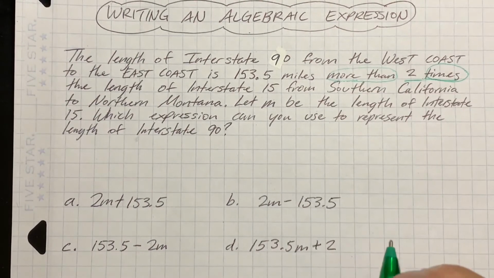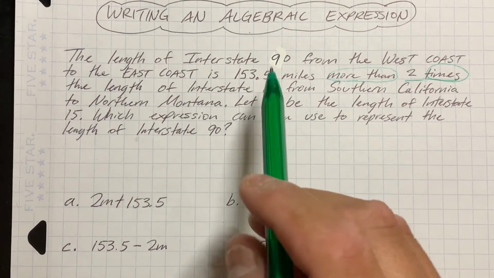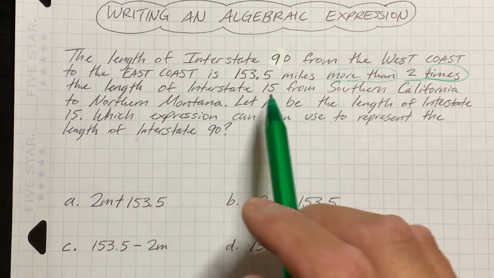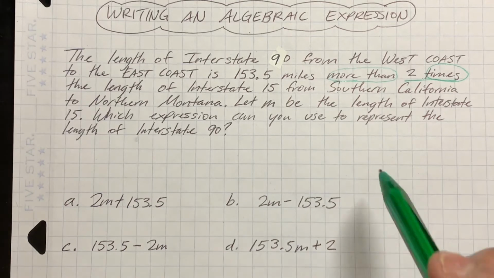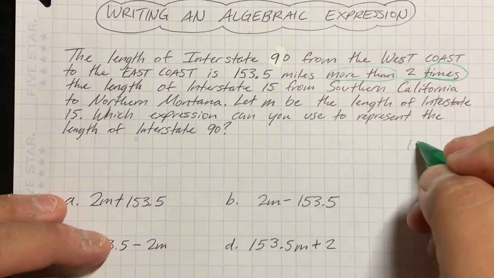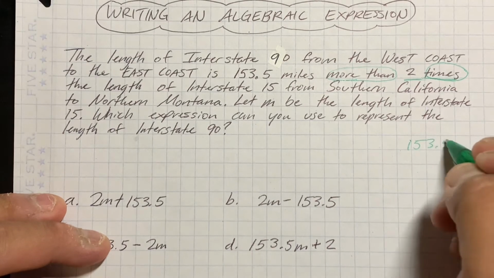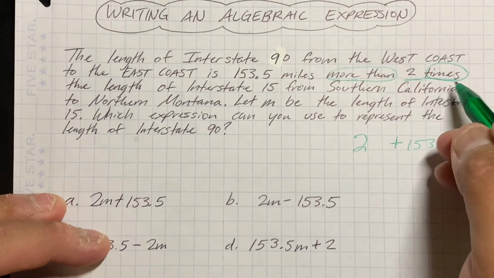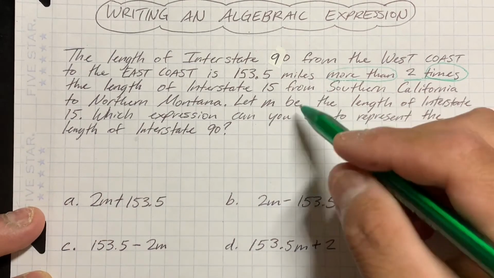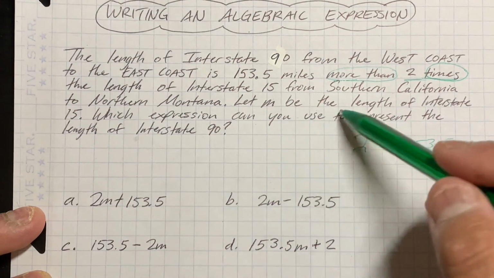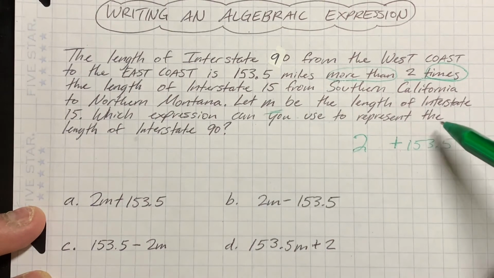If you listen closely, the length of Interstate 90 is 153.5 miles more than 2 times the length of Interstate 15 from Southern California to northern Montana. Let M be the length of Interstate 15.